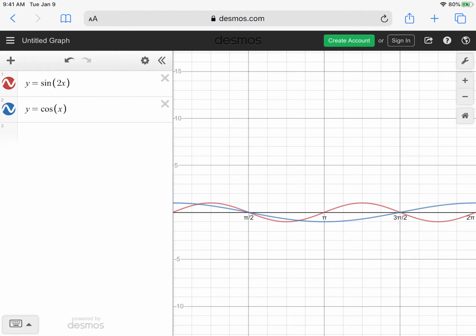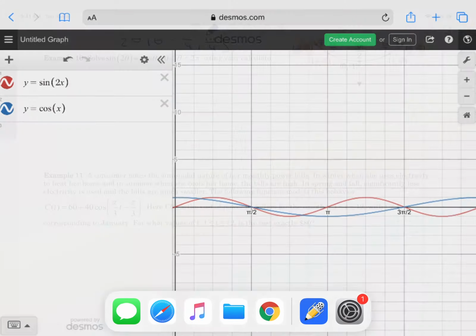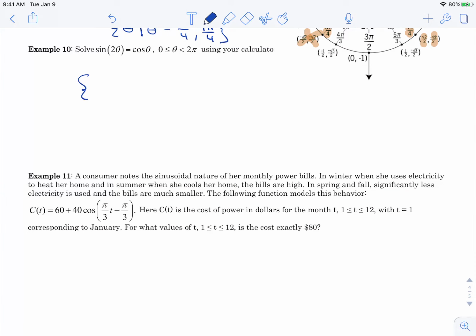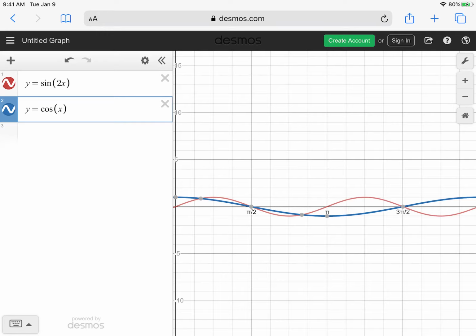Our solutions are wherever that blue and red graph intersect. It looks like we have 4. So our first one's pi over 6, then pi over 2, 5 pi over 6, 3 pi over 2. So going back here, we have pi over 6, pi over 2, I think it was 7 pi, but I'm not sure. There's 3 pi over 2, 5 pi.